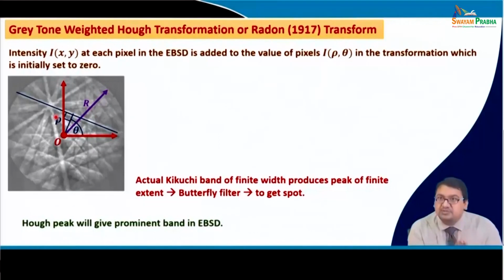So, what I mean is that a Kikuchi band which could be a diffuse band is taken, and then the intensity of maybe a very diffused intensity of that band is transformed into a spot using this butterfly filter to obtain a spot which is relatively more intensified, relatively more observable, okay, or distinguishable, and therefore, back calculated to obtain the actual position of the Kikuchi bands. So, the calculated Kikuchi bands are more prominent, right.